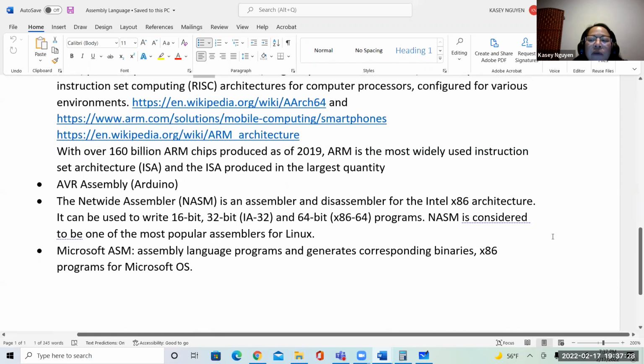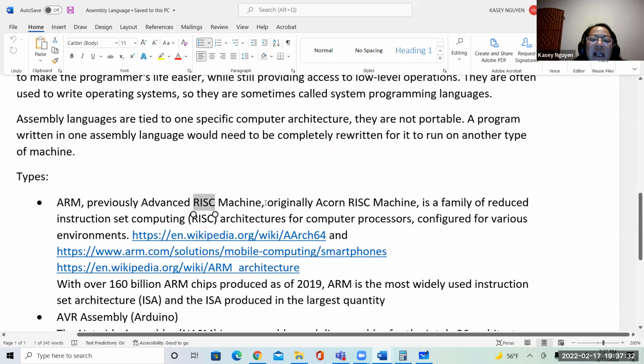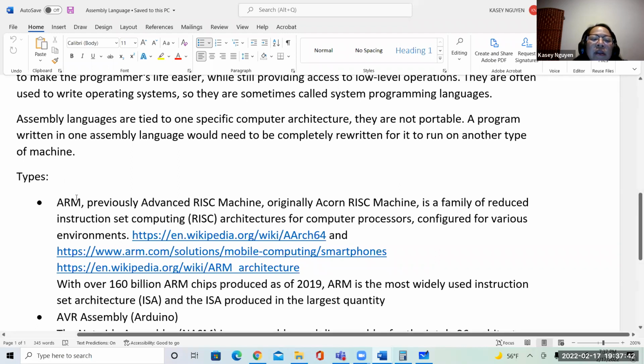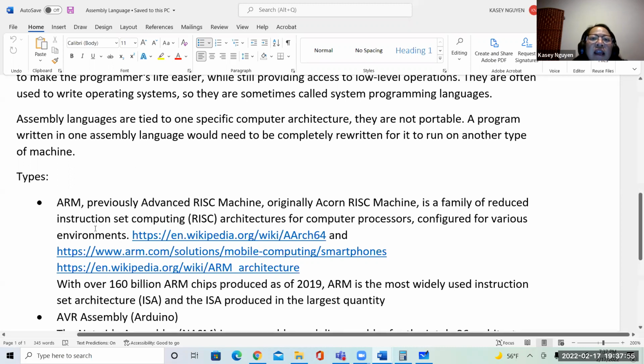When you look at ARM, it is in the family of RISC, so you would likely see similar or almost the same instructions being used. When you're looking at a Raspberry Pi processor or some Android-based processor, like Snapdragon, they use ARM.